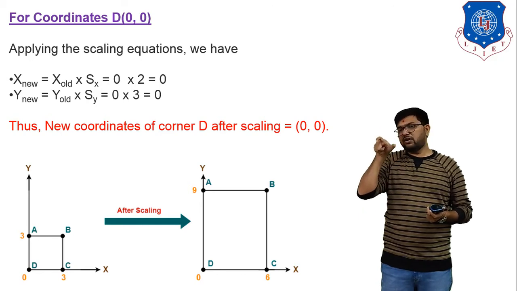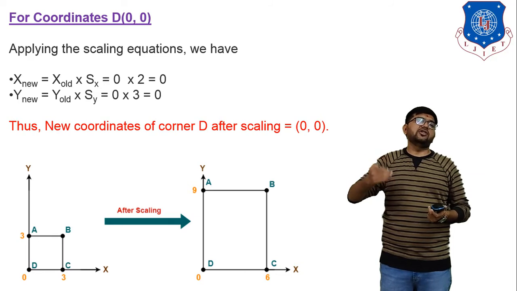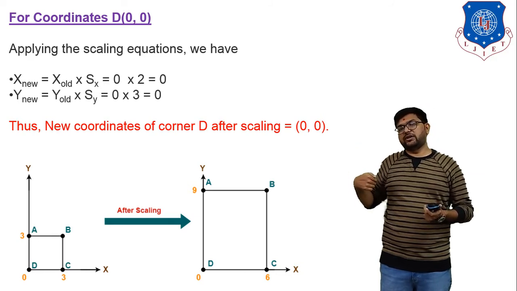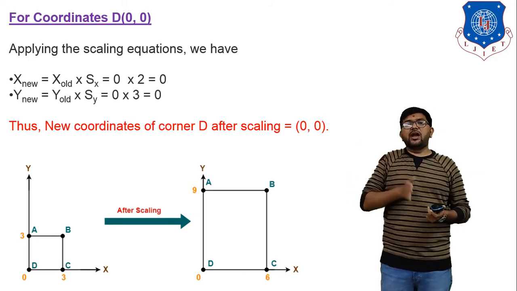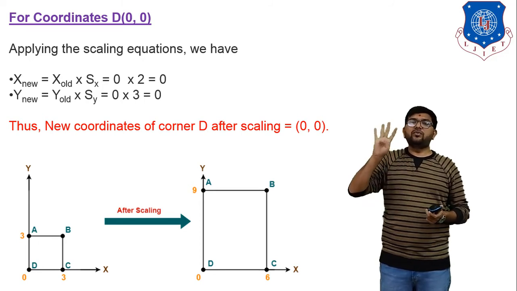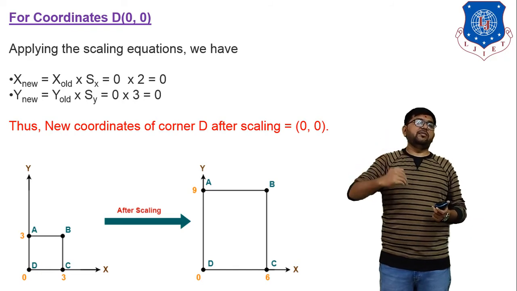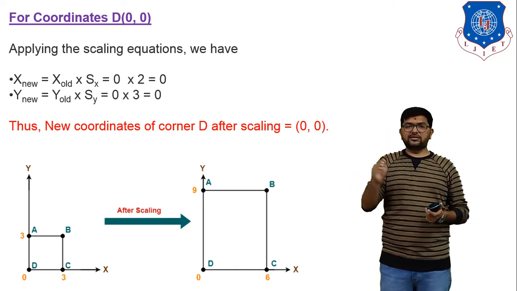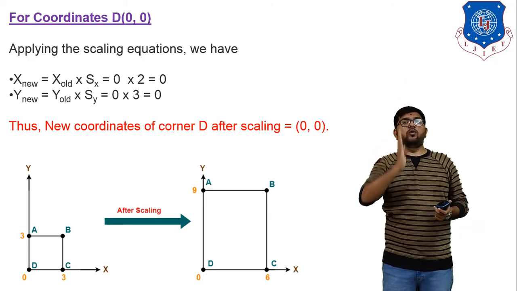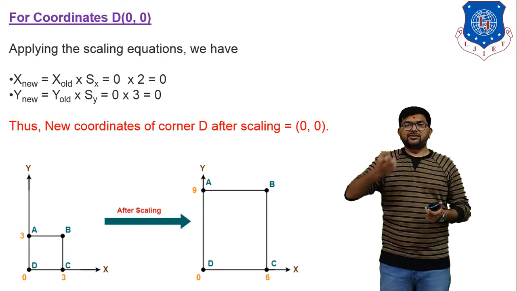Also we derived the equation of scaling geometric transformation, and we solved one numerical based on it. So in the next session we will discuss reflection or mirroring. Clear? That is the fourth process. So what is reflection, what is the mirror image, what is the reflection about the x axis, what is the reflection about the y axis, all the equations we will derive in our next session.